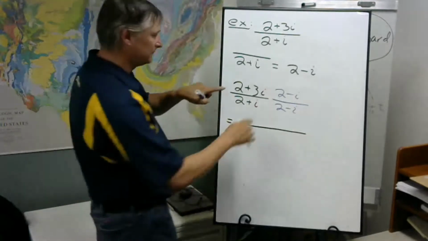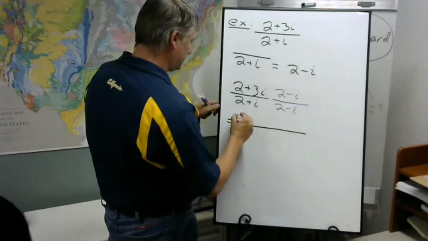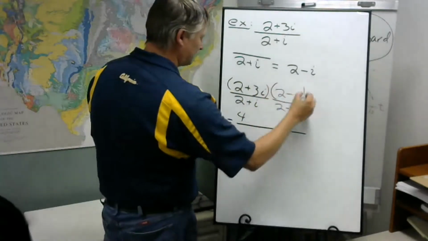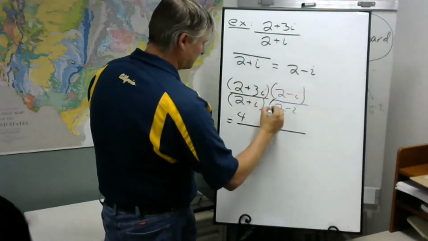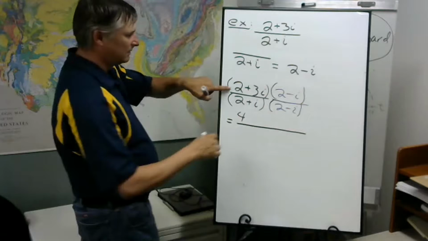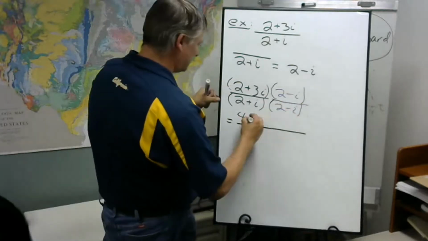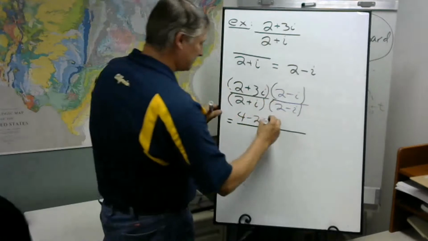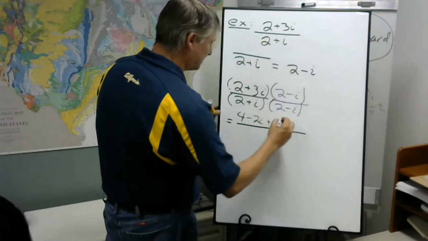So again, we're going to FOIL. First times first, 4. Outer, minus 2i. Inner, 6i.